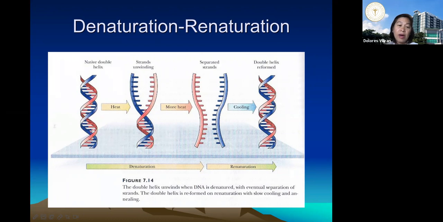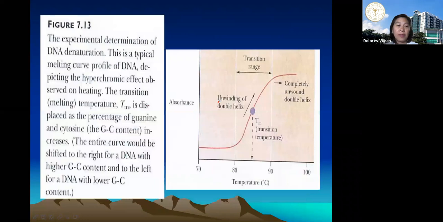Example, the absorbance here is 0.1. After heating the DNA sample, it can be increased up to 0.8, 0.6, or 0.7, okay? So there's an increase in absorbance reading. And as shown in this figure, this is a typical melting curve profile of DNA depicting the hyperchromic effect observed on heating. So the transition temperature Tm is here. From this point, expect that the DNA sample is double-stranded.